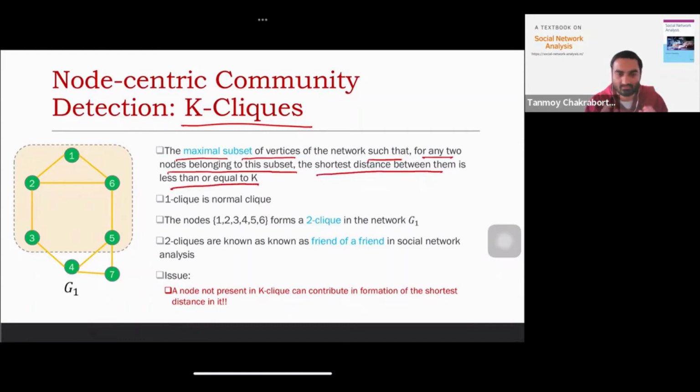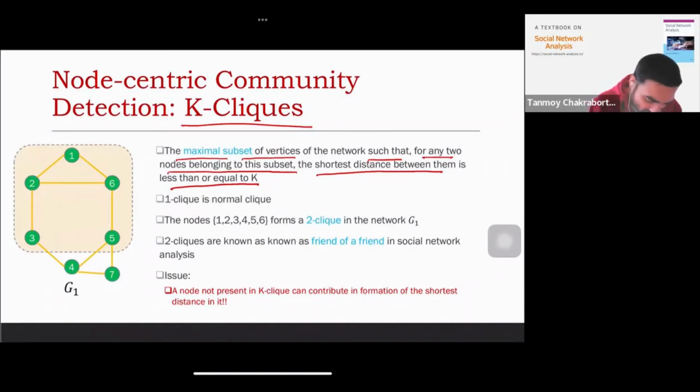It is a subset of vertices such that within the subset, if you take any pair of nodes, the shortest path distance should be less than or equal to k.